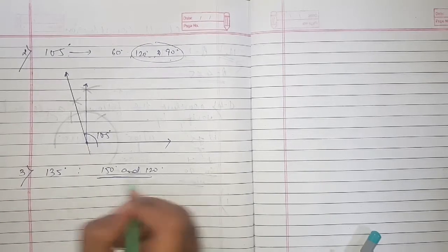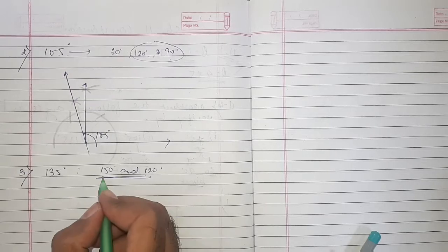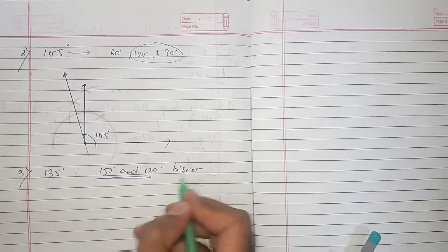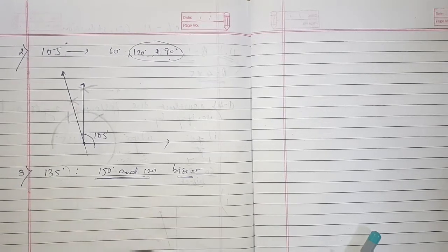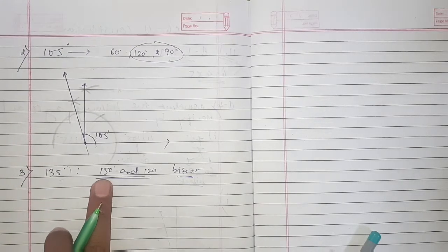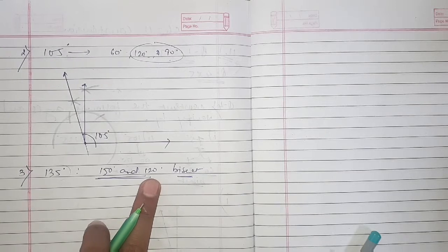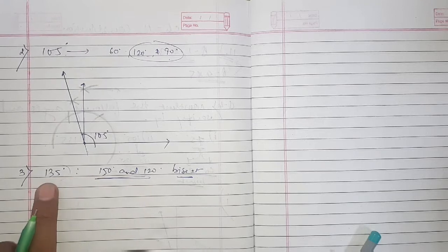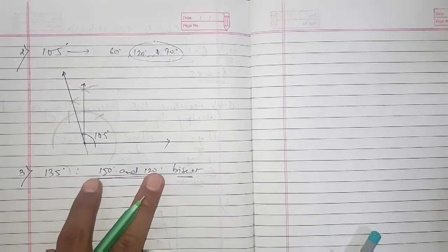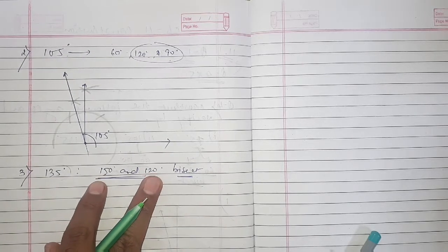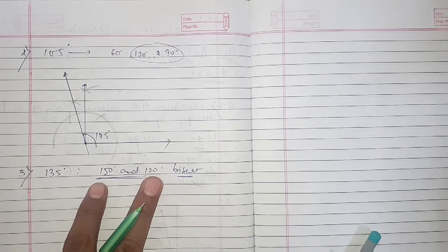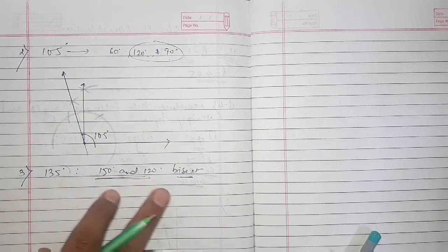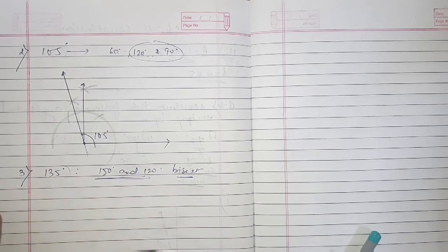Bisect 150 and 120 to get 135 degree, because 150 plus 120 is 270, and 270 divided by 2 is 135. So construct between 150 and 120 degree and bisect that angle, and you get 135 degree.